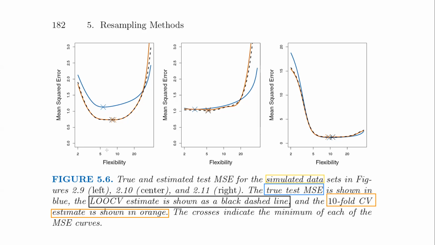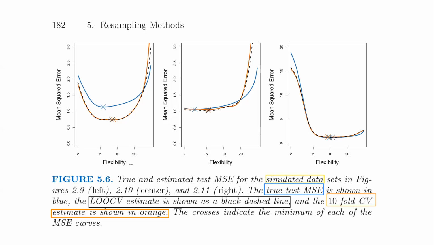And what is this horizontal axis? It's clear this is the mean squared error. I wonder if the flexibility is like what we had earlier in terms of the degree of the polynomial: degree 2, degree 5, degree 10, degree 20.